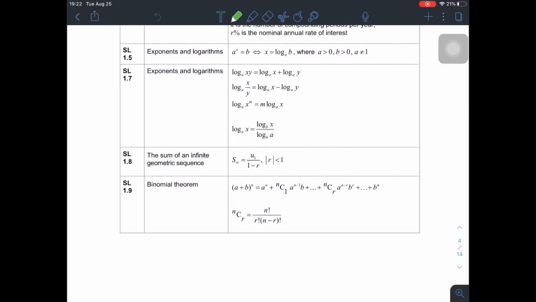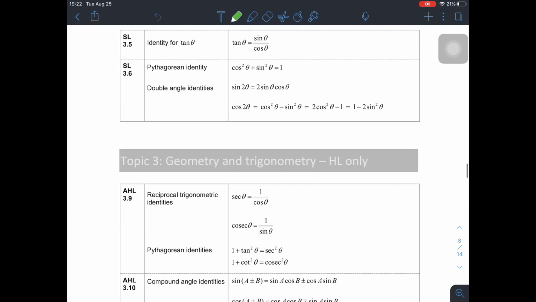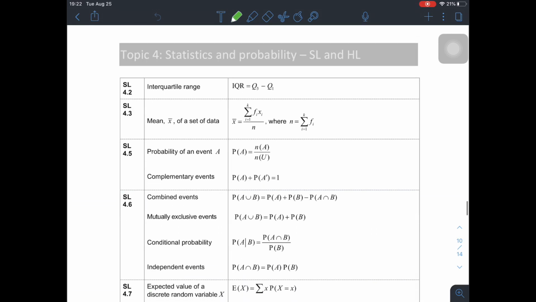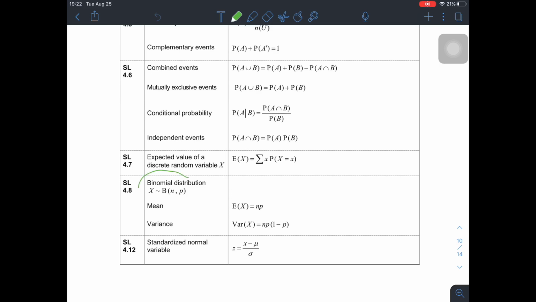If you go here, we will scroll down, I think it's in probability, which is topic 4. Yes, topic 4. And no, there's no formula. It says binomial distribution, X has a binomial distribution, and the formula is missing, right? It would be the probability of x equals r is equal to nCr times p to the power of r times q to the power of n minus r.